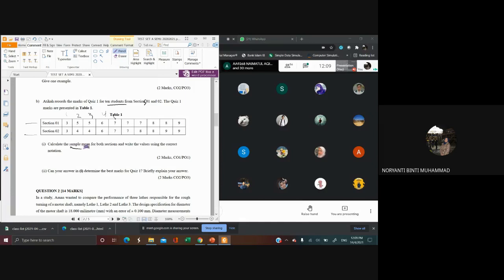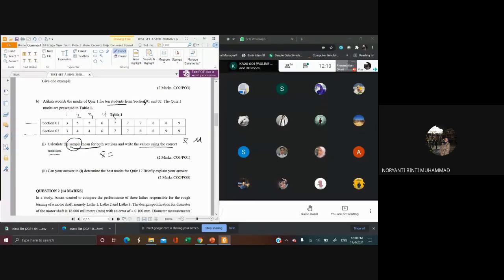Calculate the sample mean for both sections. Write the values using the correct notation. So you know, mean can be X bar and mu. When they ask you to use the correct notation, is it X bar or mu? X bar, because this is a sample. You can see here the word sample.